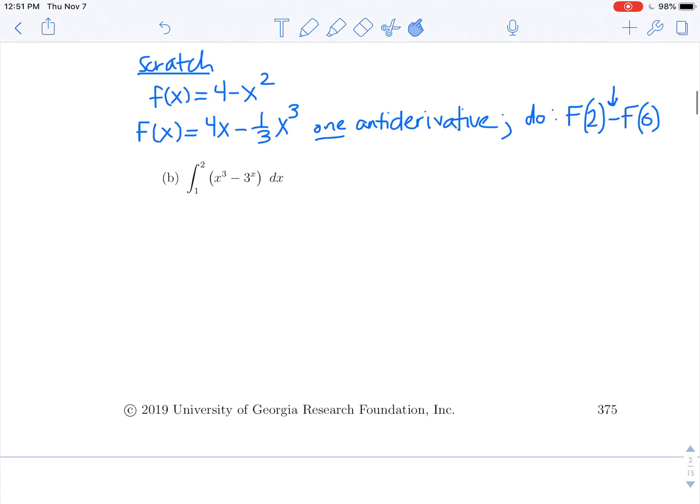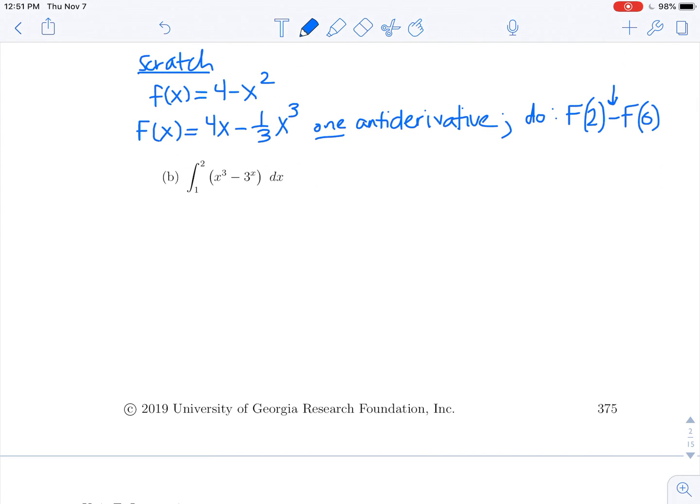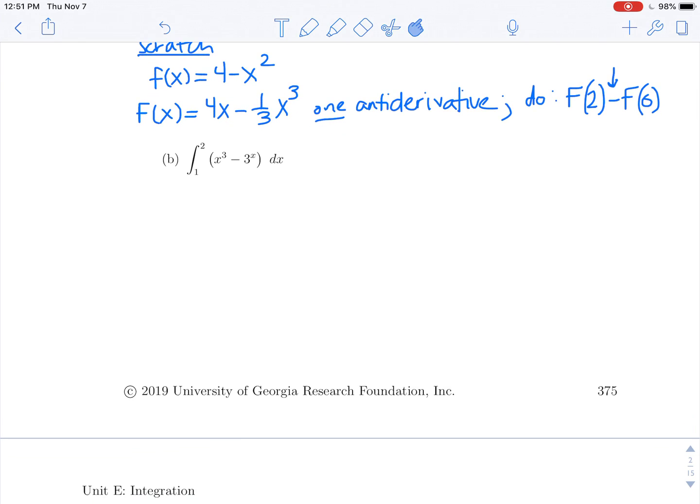Okay, part B is the definite integral from 1 to 2 of x cubed minus 3 to the x dx. This is the second time that we're doing this, so let's go ahead and do the scratch work. For this problem, the little f of x is x cubed minus 3 to the x.